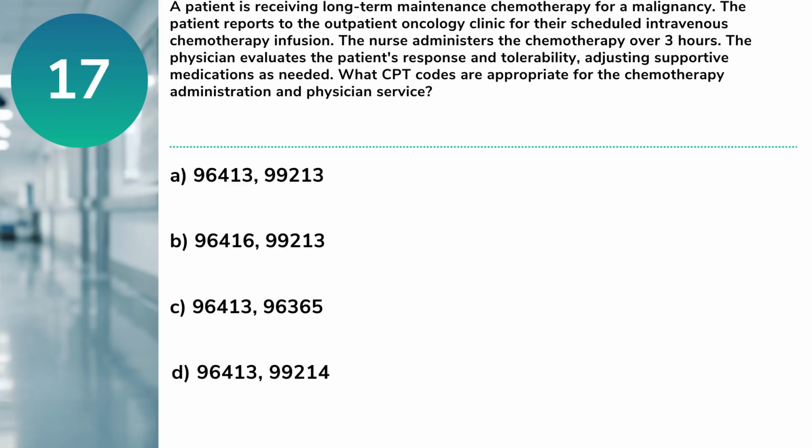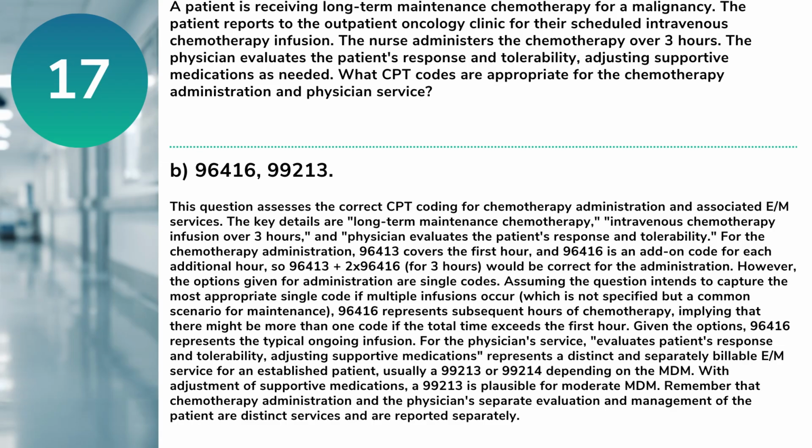C. 96413, 96365. D. 96413, 99214. Answer: B. 96416, 99213. This question assesses the correct CPT coding for chemotherapy administration and associated E/M services.